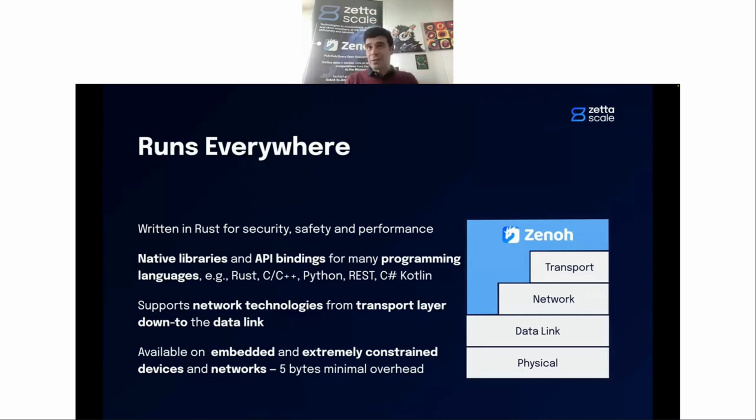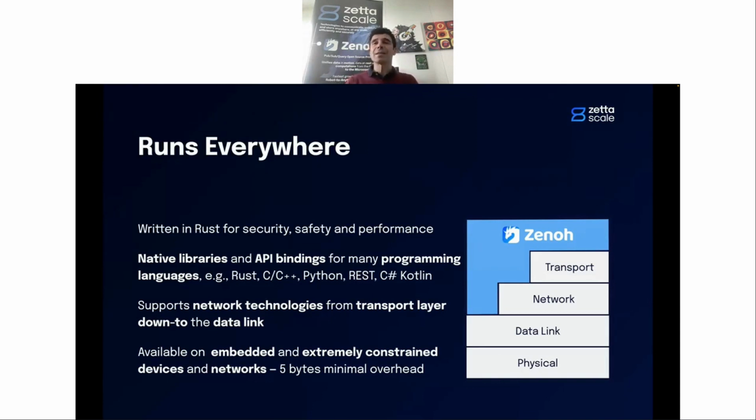I don't know any other COTS technology that supports this, and for sure MQTT doesn't, Kafka doesn't, DDS doesn't. And again, the reason why we did it was to minimize network bandwidth and maximize performance. Zenoh is written in Rust for safety and performance, and I will go back in a moment to that. We have native API bindings, obviously, for many programming languages besides Rust, including C++ and Python.